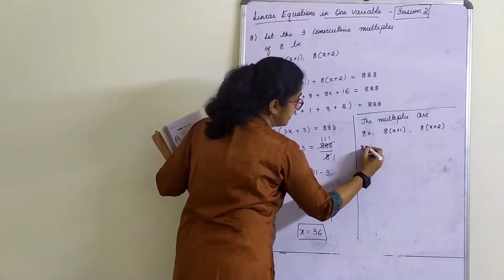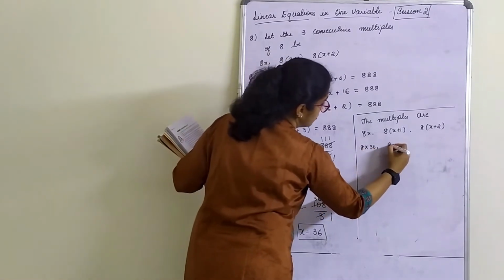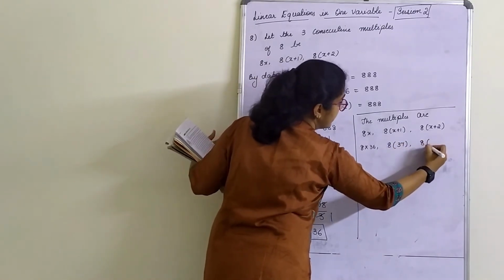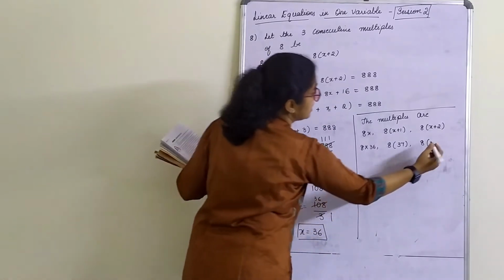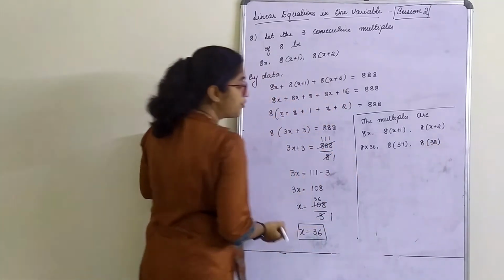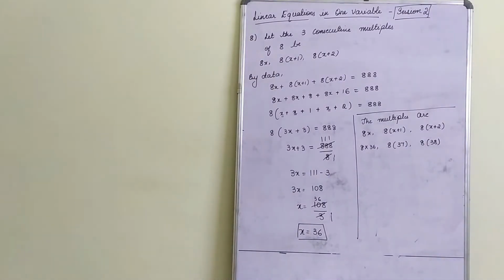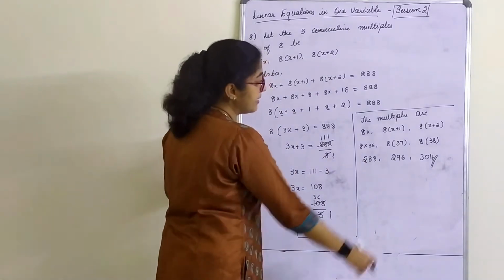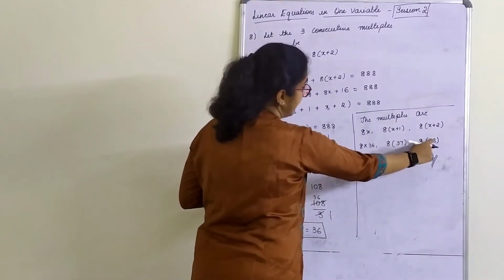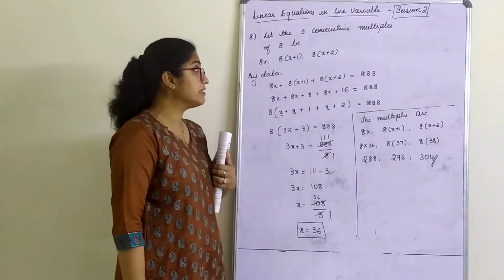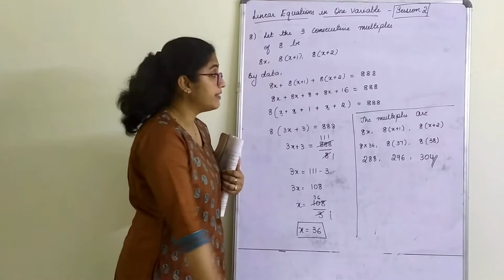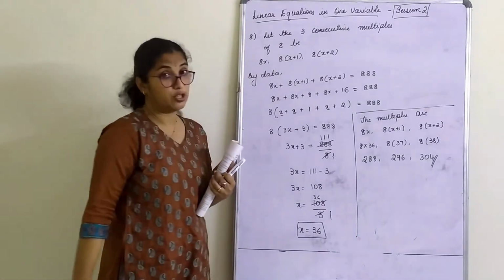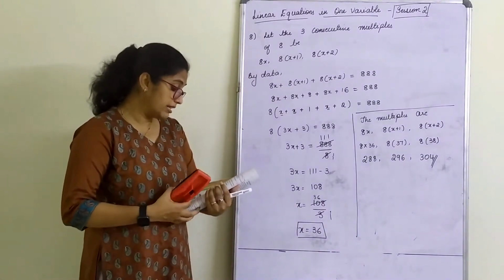So this is 8 into 36, 8 of 36 plus 1, I'll write this as 37, and 8 of 36 plus 2 is 38. When we find the multiples, we get 8 into 36, 288, 8 into 37, 296, 8 into 38, 304. So these are the 3 multiples. So when you add them, you can cross verify, you get the answer as 888. Right? So you can copy this now and we'll move on to the next one, that is 8th one.